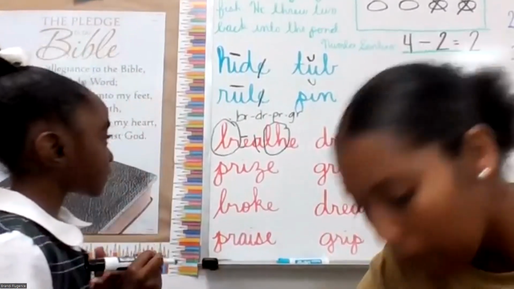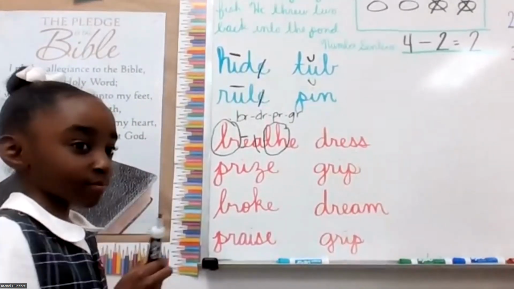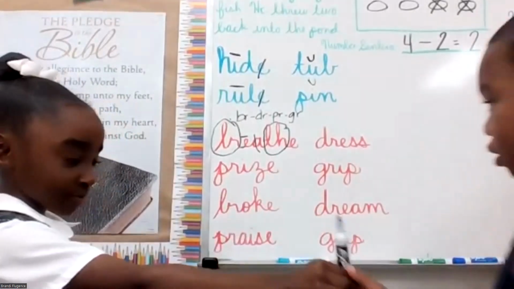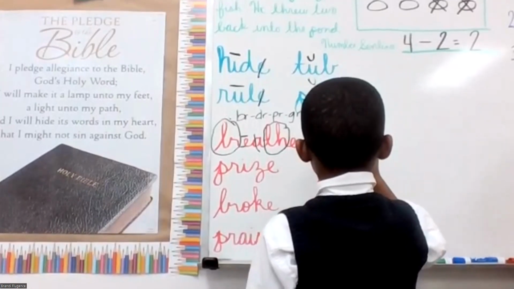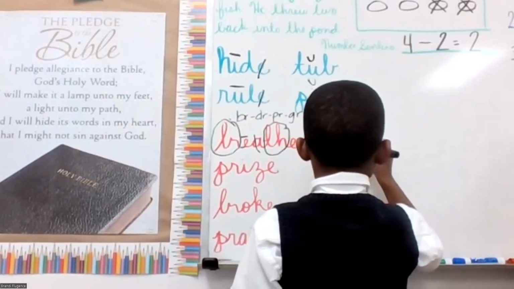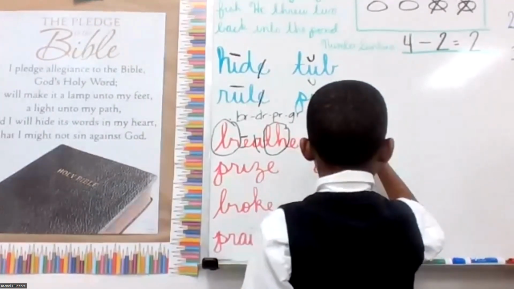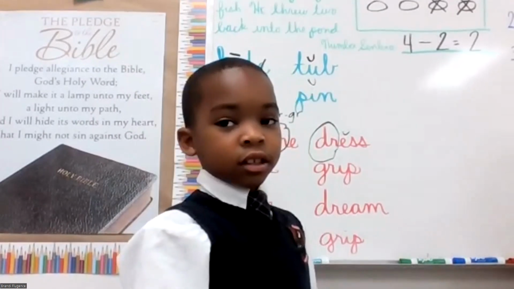Okay, now the word is what? Breathe. All right, Elijah, next one. Circle my sounds, mark my vowel. What's the word? Dress. Cairo, next one.